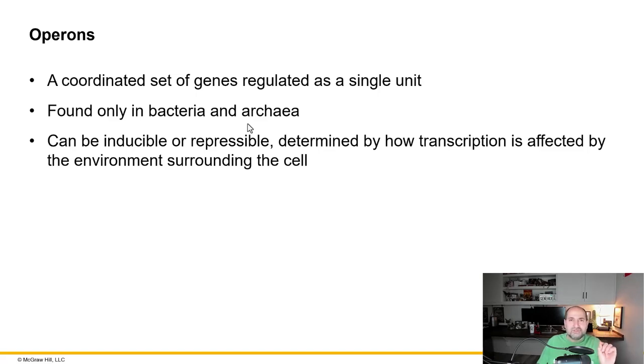And how does it work? What exactly does it mean to have a coordinated set of genes? Let me explain what an operon is at the board, and we'll come back to go into some details about different types of common operon found in bacteria.